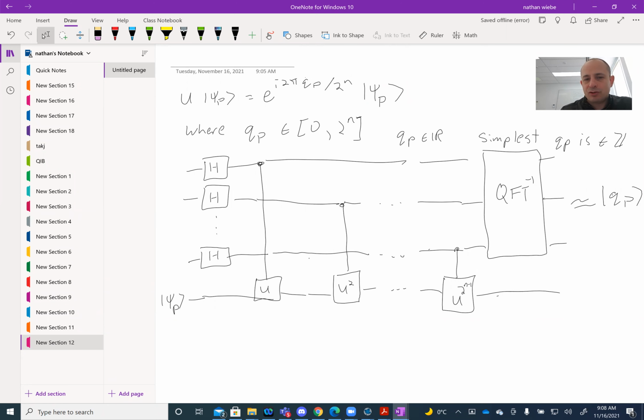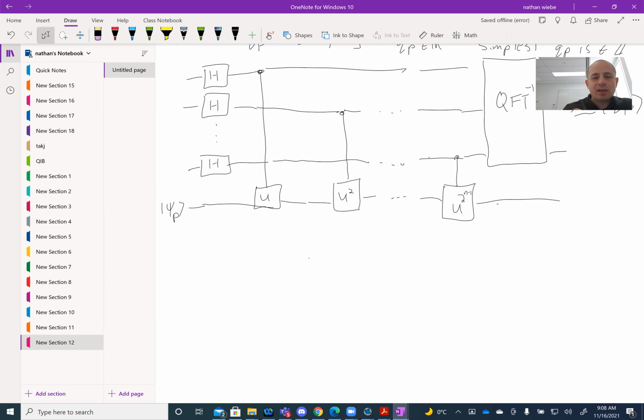Now, just to show you how this all works, let's look at the case where q sub p is an integer. If q sub p was an integer, then what the circuit will end up doing is it'll take 0 tensor n over here, and the Hadamards will map this to 1 over root 2 to the n, sum over j.